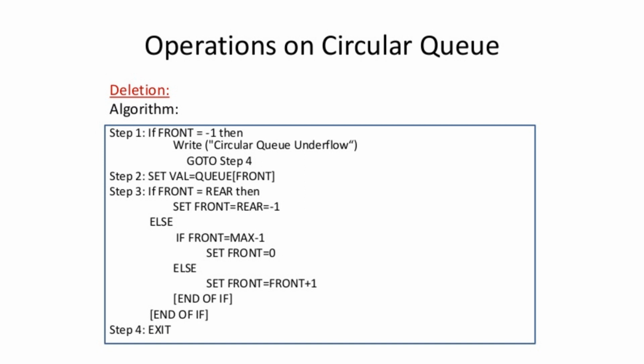Step 3, if front is equal to rear, then set front is equal to rear is equal to minus 1. Else, if front is equal to max minus 1, set front is equal to 0. Else, set front is equal to front plus 1. End of if, and second end of if, and then exit. This is the algorithm for deleting an element from the circular queue.